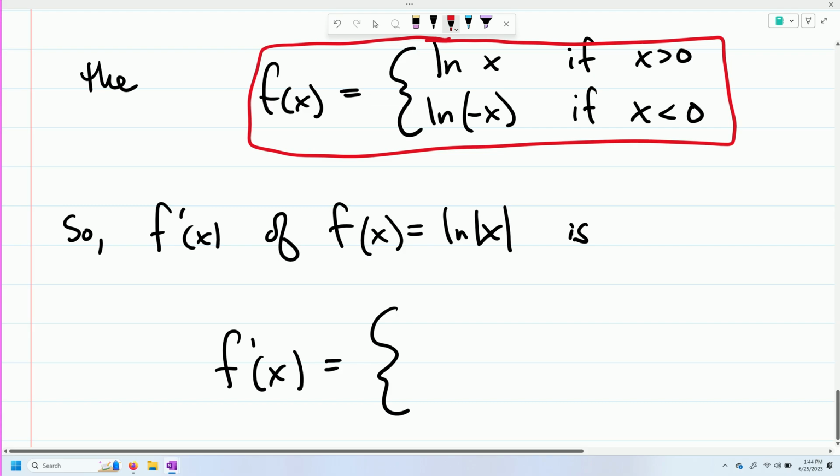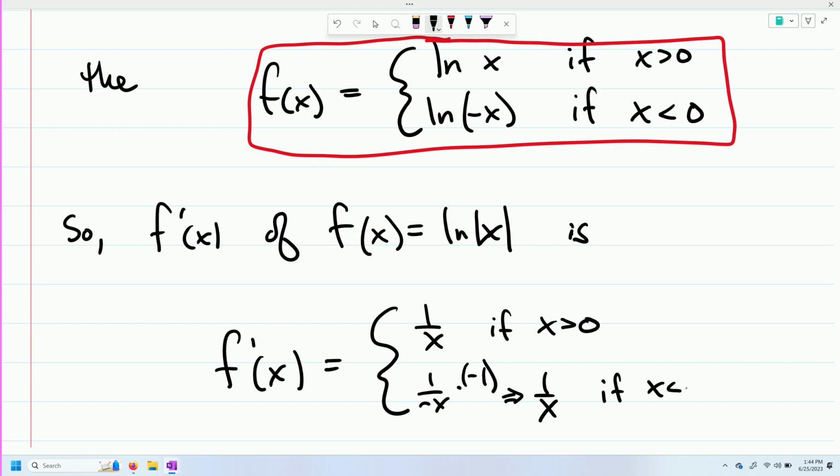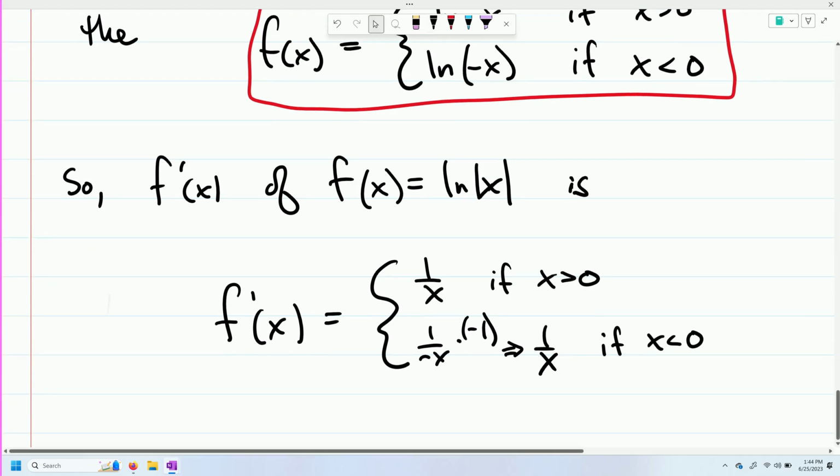We're going to differentiate each piece. So it's going to be 1 over x if x is greater than 0, and then 1 over negative x times negative 1, remember chain rule, which is 1 over x again if x is less than 0.